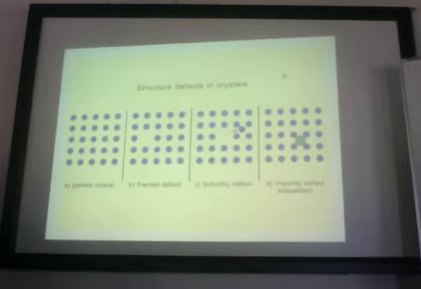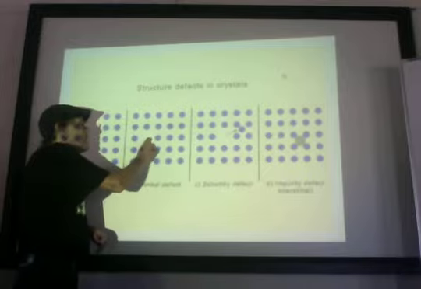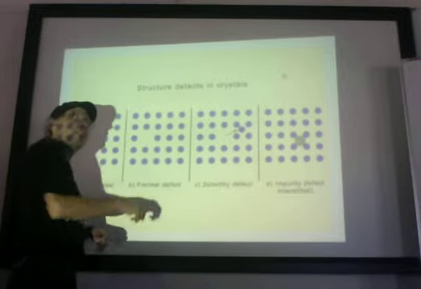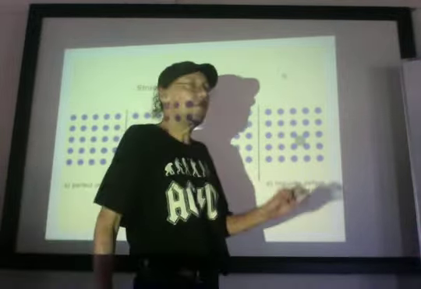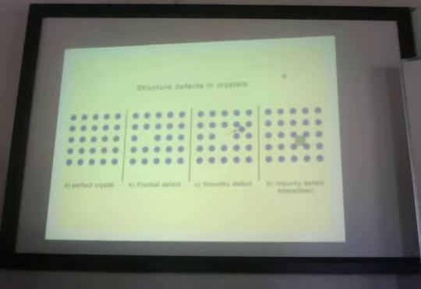Anyway, there an atom is missing, yeah? And then you can put another atom in such a defect. In nature it can be everything, the whole periodic table, and the most famous one nowadays is hydrogen, or OH, yeah?